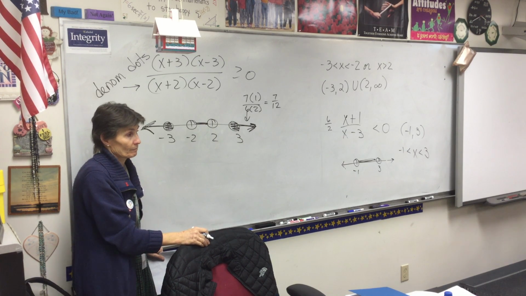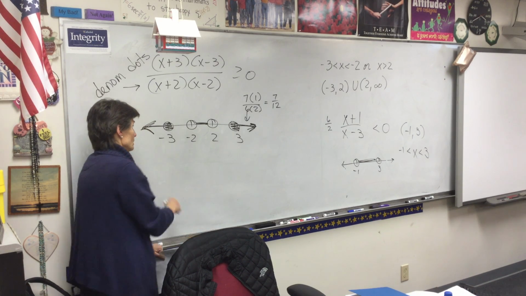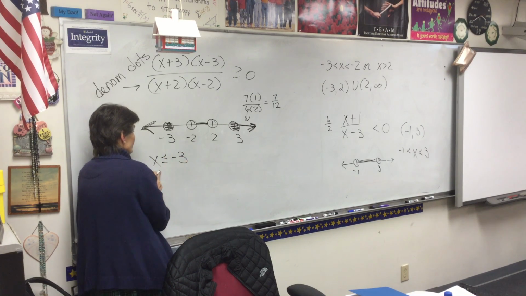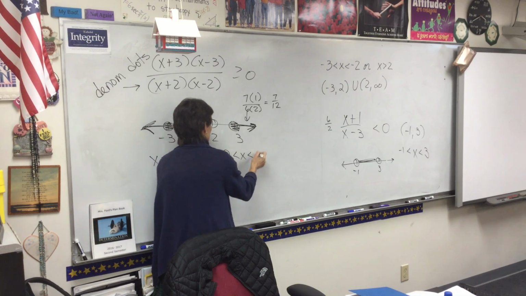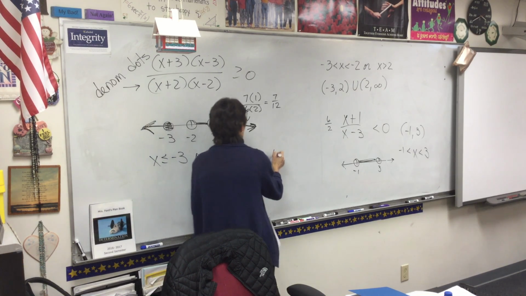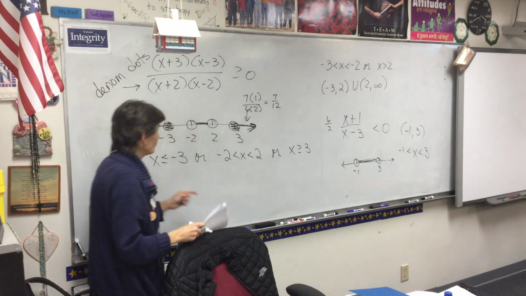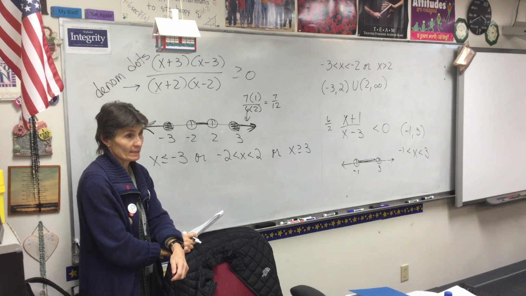Okay? Now I gotta write an answer. It's 3 parts. X is less than or equal to -3, or between -2 and 2, or bigger than or equal to 3. So that would be one way of writing your answer.